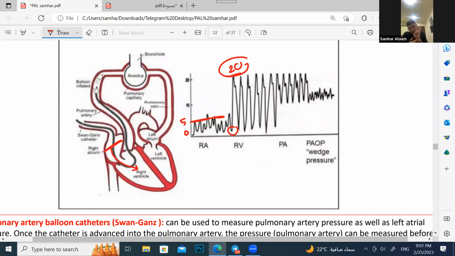Now we pass it to the pulmonary artery. The pulmonary artery will have the same as the right ventricle when it compresses, because it has the blood that goes from it. So it will have the same thing, 20. But when the right ventricle dilates, we have a valve here, the pulmonary valve.